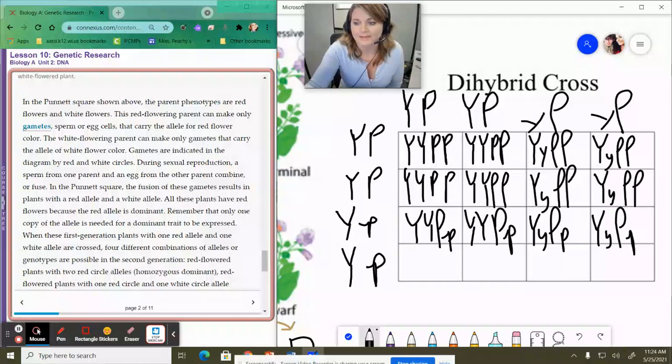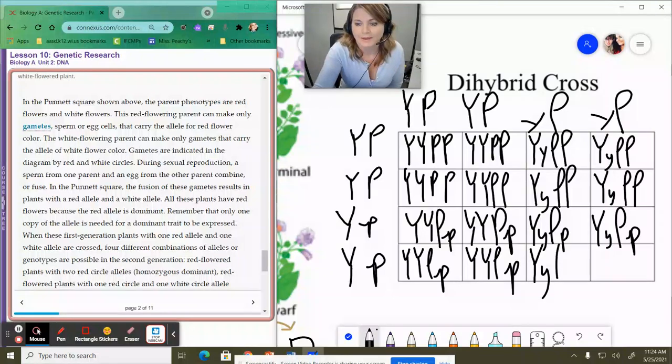It's the only one that has that combination so far. Big Y, big Y, big P, little p, big Y, big Y, big P, little p, big Y, little y, big P, little p, and big Y, little y, big P, little p.